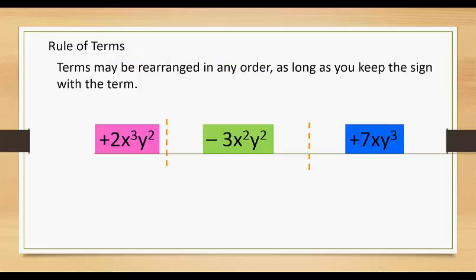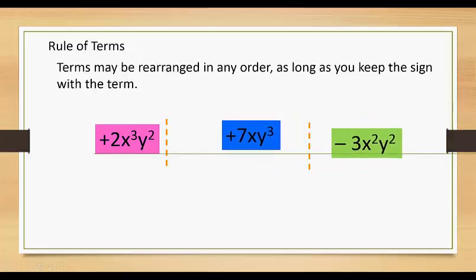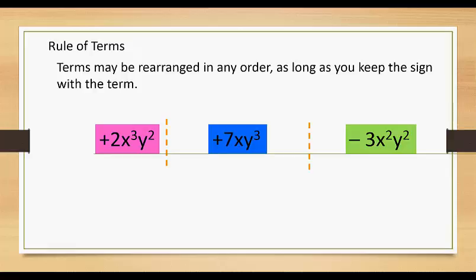Now we come to one of the most important rules for terms. This rule says we may rearrange terms in any order as long as you keep the plus or the minus signs in front of the term. Just to demonstrate how flexible the movement of terms is, one example would be we could switch the +7 term with the -3 term in its place.